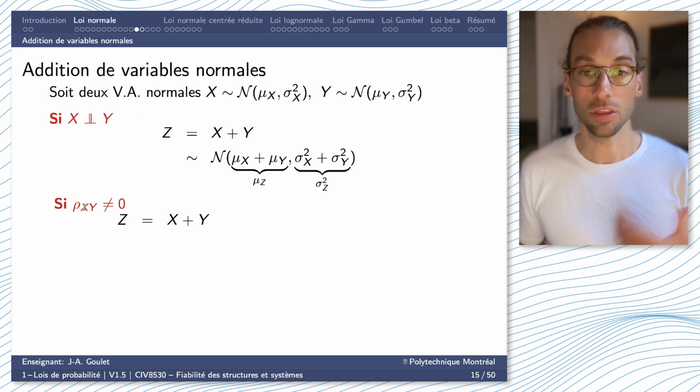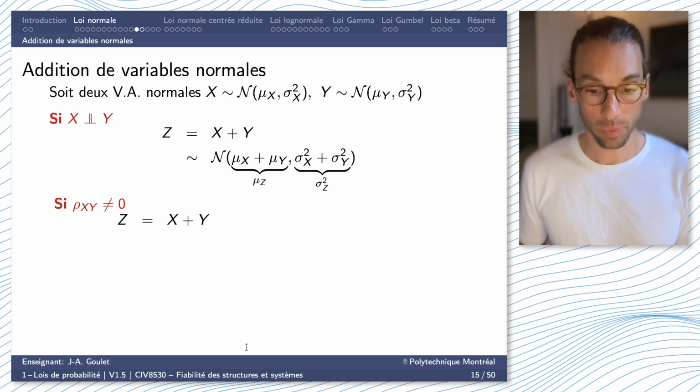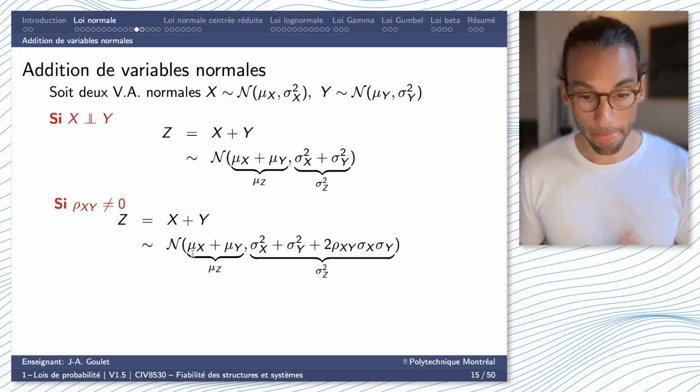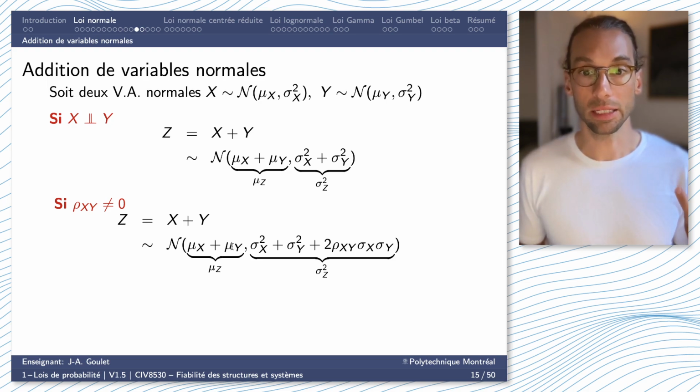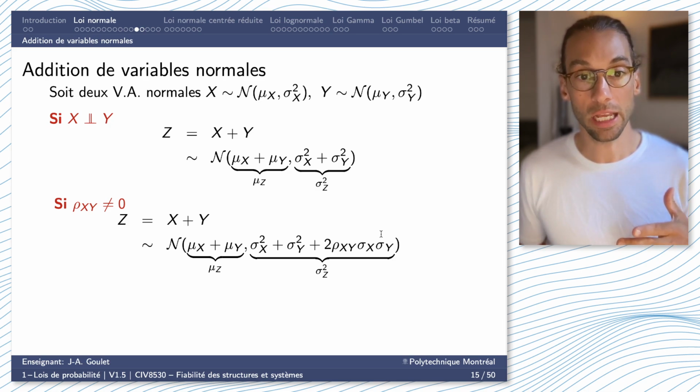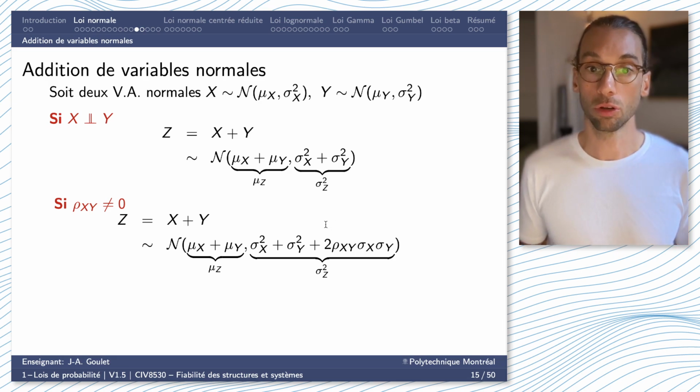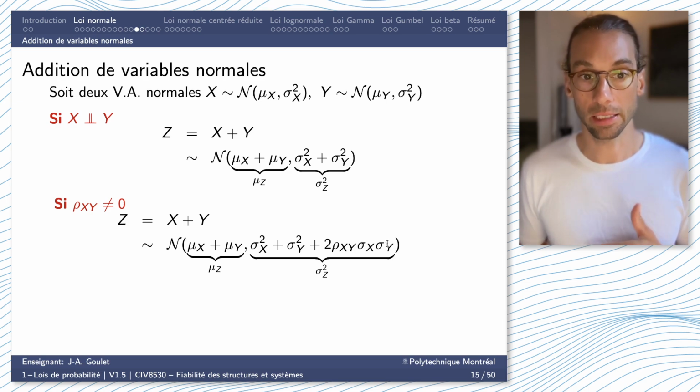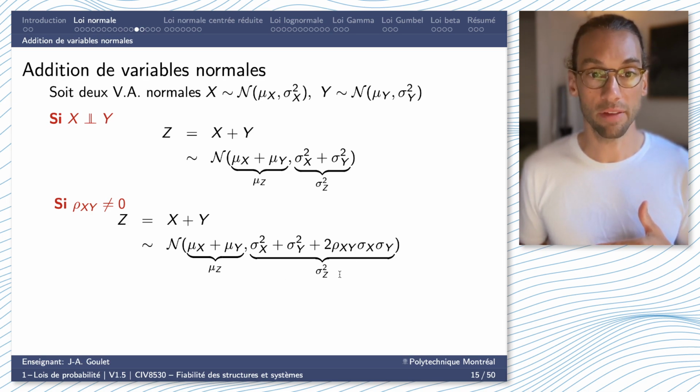But if the correlation coefficient is not 0, so they're not independent, in that case, the formula would become mu x plus mu y, the same thing for the mean, but the variance is now going to be sigma x squared plus sigma y squared, plus we need to take into account the covariance term, so 2 times rho xy times sigma x times sigma y. This is going to be my variance term that takes into account the possible dependency.